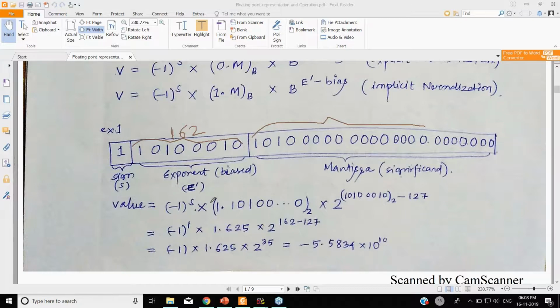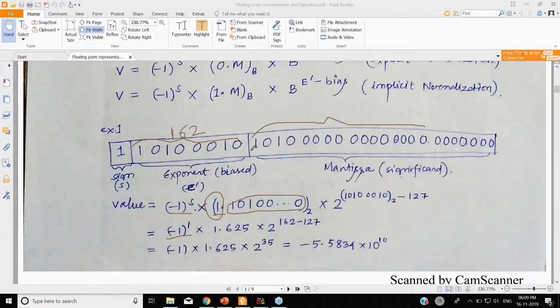So let us see its value. According to our representation, this is minus 1 to the power s. S is 1, so this is negative 1 into 1. The 1 is not stored here, but still we are putting it. Implicitly we are assuming there is a 1 before the binary fractional point. So 1 point 1 0 1 and other zeros; those are the fractional value.